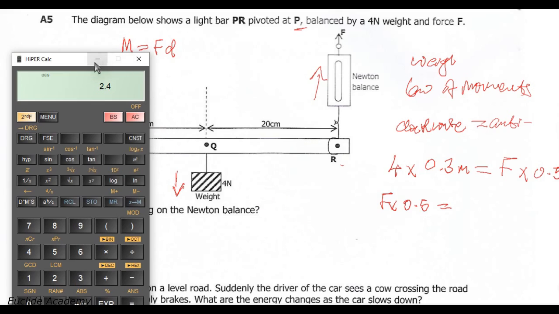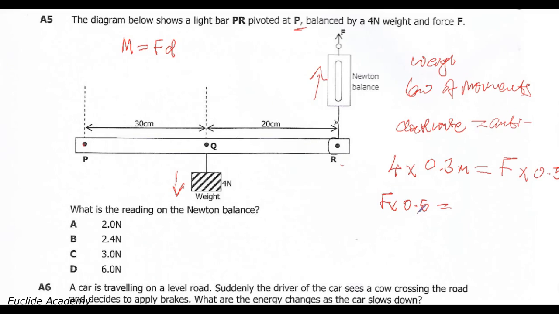So F times 0.5, which is just F, is equal to 2.4.